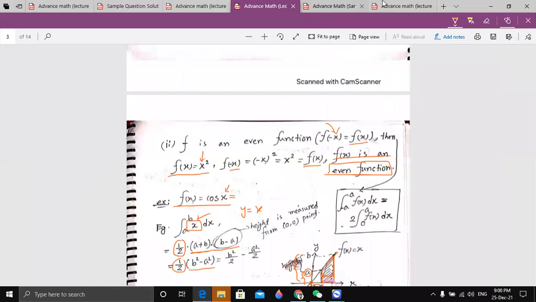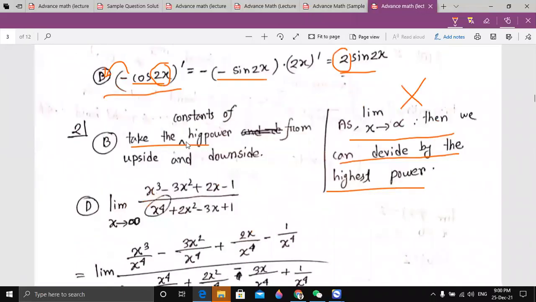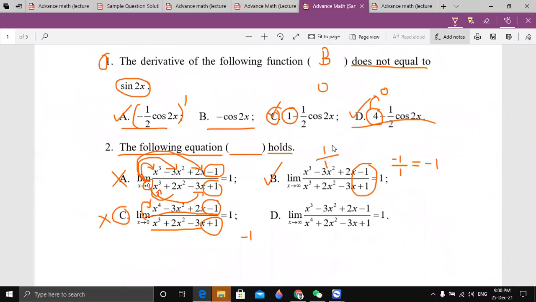Okay, let me see. Take the constant of the highest. Okay, so here you see, we don't need to think about these two things because it is limit x tends to infinity, right? So we can just use this formula.